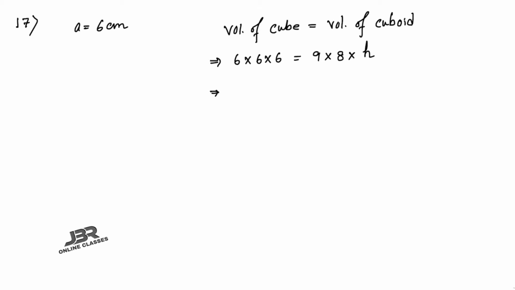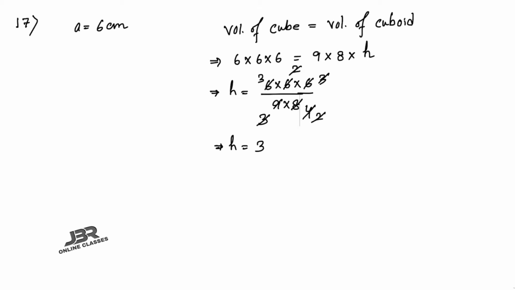So it's very easy. Now find out the value of h. So 6 into 6 into 6 divided by 9 into 8. So 2 3s are, 2 4s are, then 3 3s are, then 3 2s are, again 2, and that one equal to here 3. So here h equal to 3.